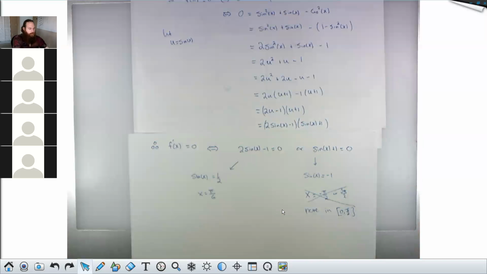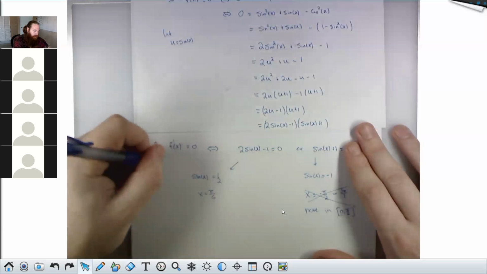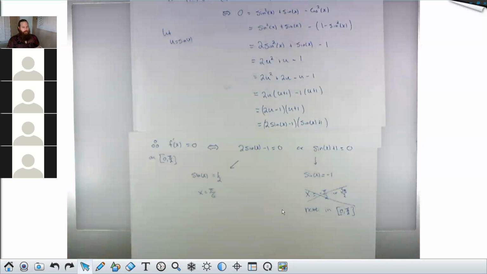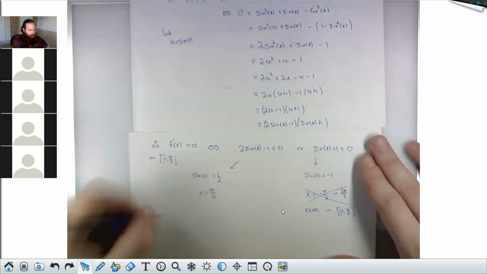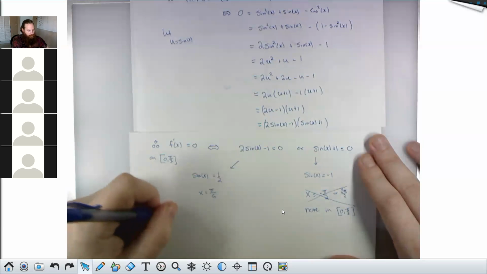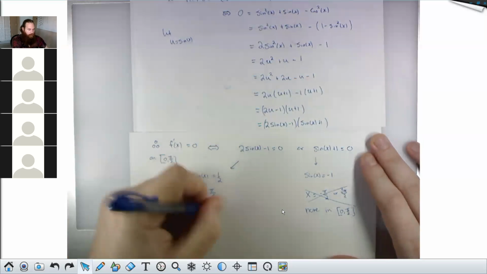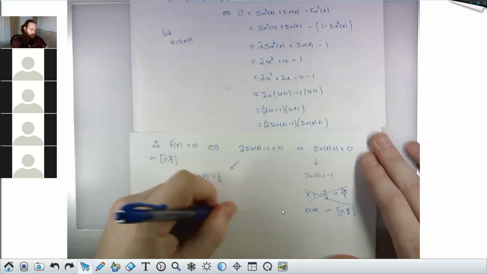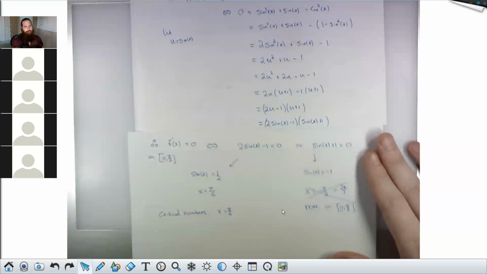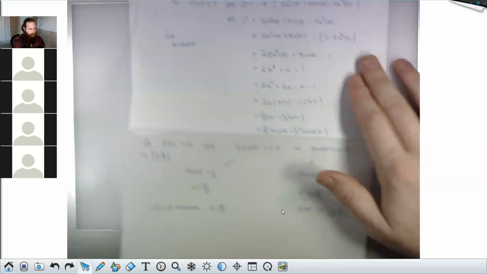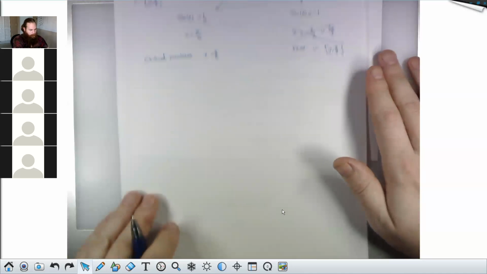So remember, I'm trying to solve this on the interval 0 to pi over 2. So really my only critical number in that interval is pi over 6. So the critical numbers for f are just x equals pi over 6. All right.